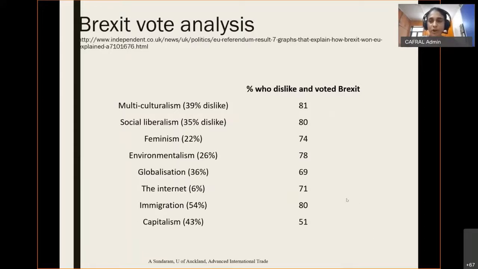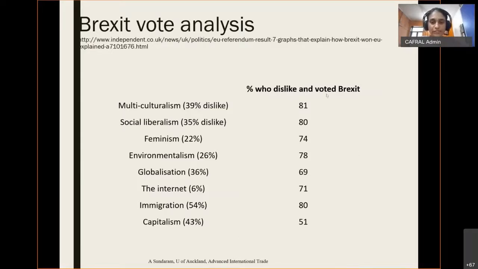Okay, so you're all familiar with what happened with Brexit, right? It was pretty shocking for everybody when Britain voted to leave the European Union. And a lot of the discourse in the media was that this was all driven by immigration. So essentially what people were saying is the Brexit vote is actually a backlash to immigration.